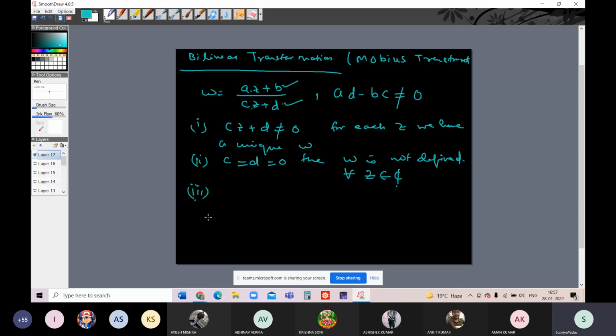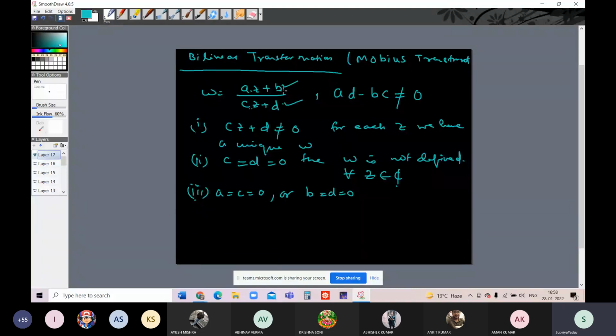Third, if a and c are 0, or b and d are 0, either these two are 0 or these two are 0, so we will get a constant map.